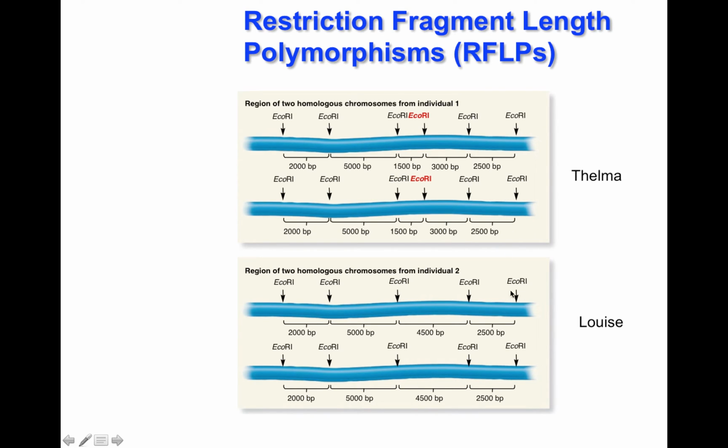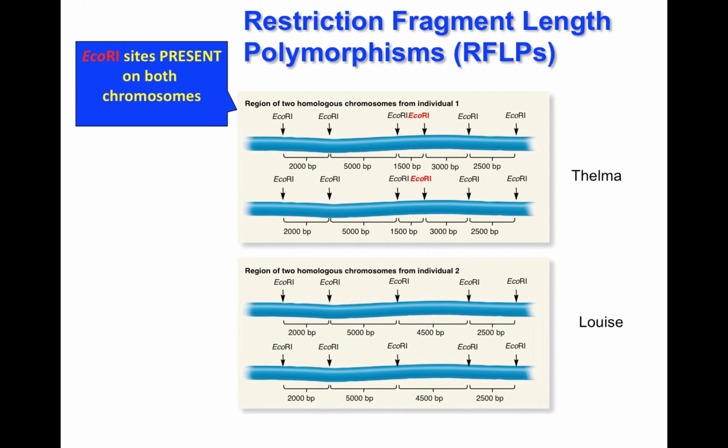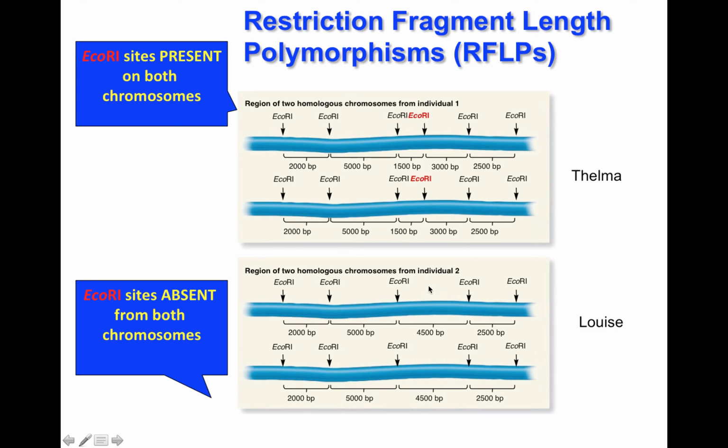And for most of this segment from both of these individuals, the EcoRI sites are in exactly the same position. However, Thelma exhibits an additional EcoRI site in between these two sites right here. So Thelma is actually homozygous for this EcoRI site that cuts the DNA here. Louise is also homozygous because she's missing this EcoRI site right here and here.